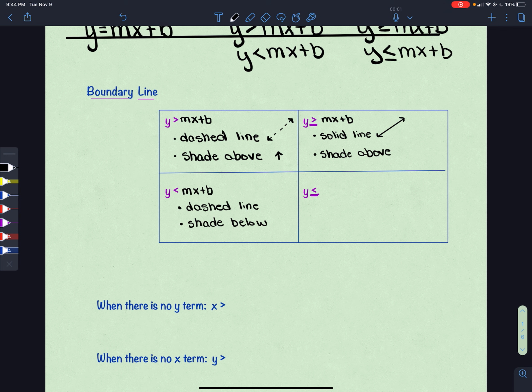When y is less than or equal to our equation, then we will have a solid line. Oops, I forgot to draw an example of that again here. And this time here, we would still shade below. So there are some similarities. We just have to pay attention to what they are, okay?